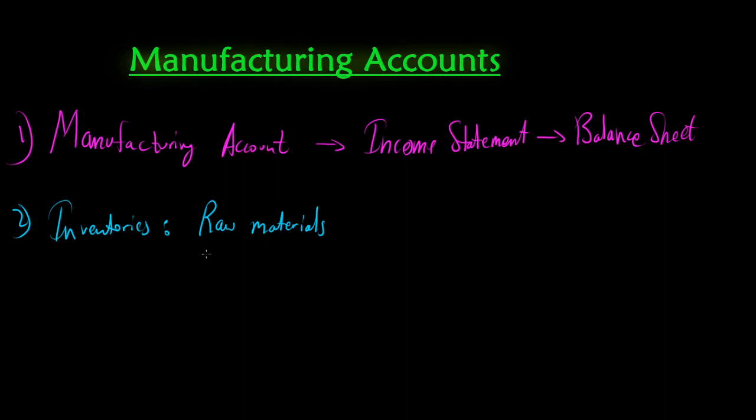Then we have raw materials, and then we have finished goods. So we might have inventory of raw materials. Of course, in your factory you will have some raw materials lying around that will be used to produce finished goods, right?